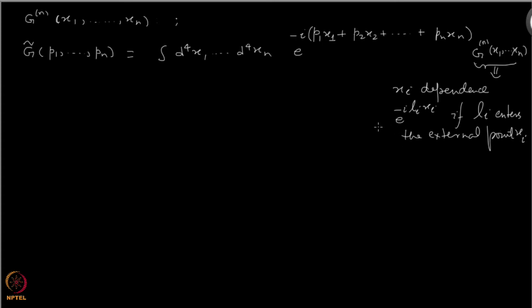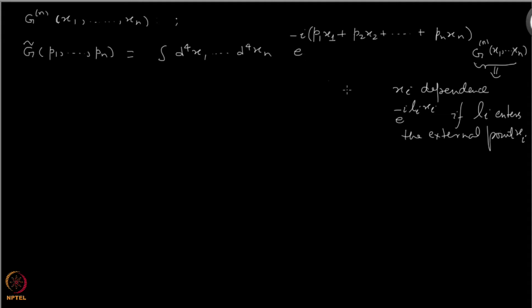And now this is why it is very simple to handle the x1, because g depends on xi only through this factor. This is the only place where xi appears. So x1 appears only through this exponential factor in g, and this is the other place where you have x1.